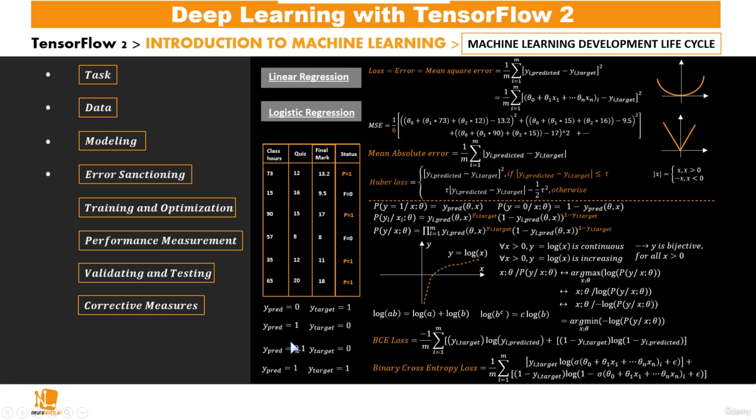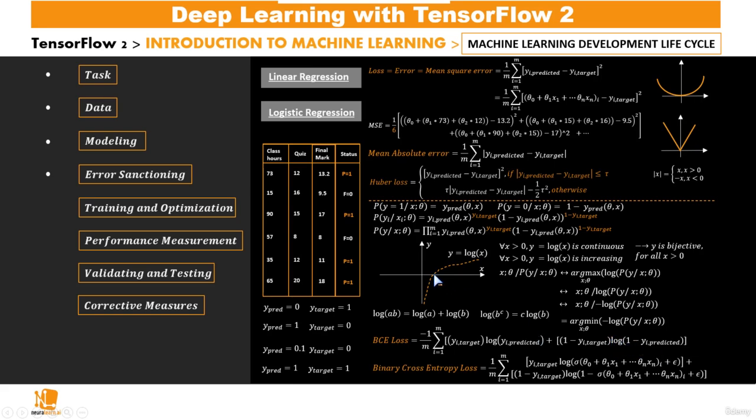Next, if we have y pred 0.1 and y target 0: firstly, our y target is 0, so we have 0 times whatever we have here, plus 1 minus target. Our target is 0, so we have 1 minus 0, which is 1. So here we have 1 times the log of 1 minus 0.1, because our y pred is 0.1. Now log of 0.9 is almost log of 1, and we know that log of 1 is actually 0.